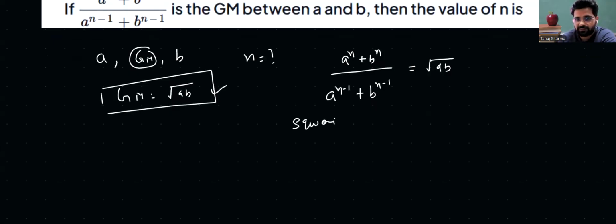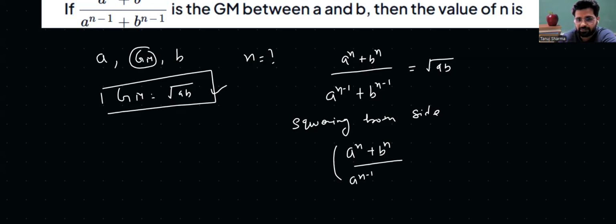So we get ((a^n + b^n)/(a^(n-1) + b^(n-1))) whole square equals root ab whole square.